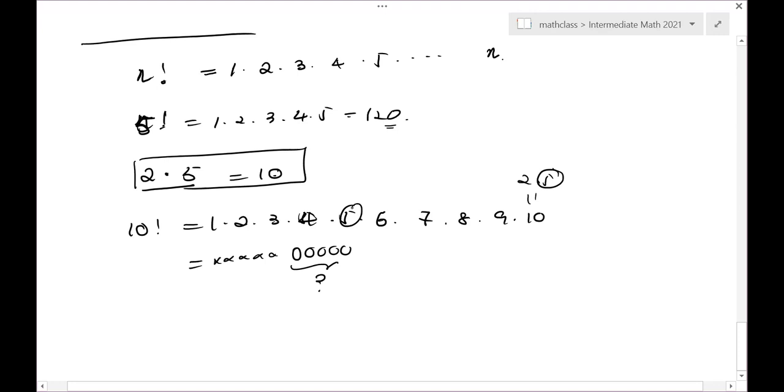But there will be more than two 2s, so there are too many 2s. That's why when 5 meets 2, you get 10. Two 5s give you two 10s, because you have enough 2s.